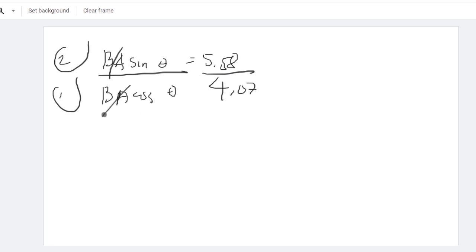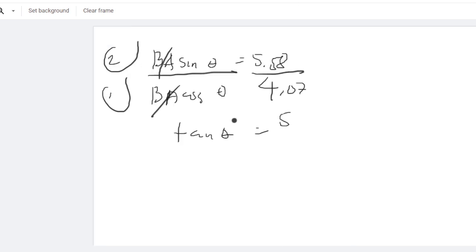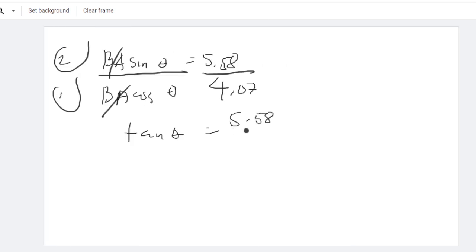So BA cancels, and sine over cosine is tangent theta, equal to 5.58 over 4.07. So theta could be calculated as 53.8 degrees.